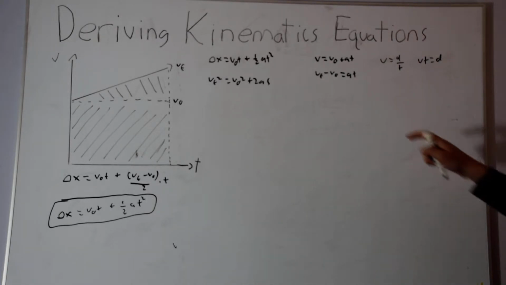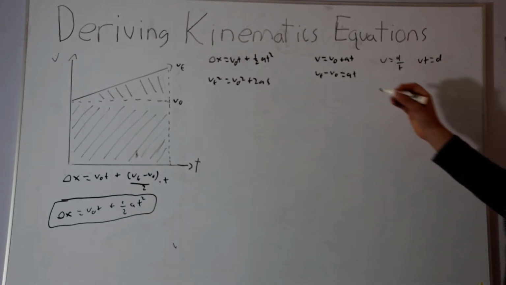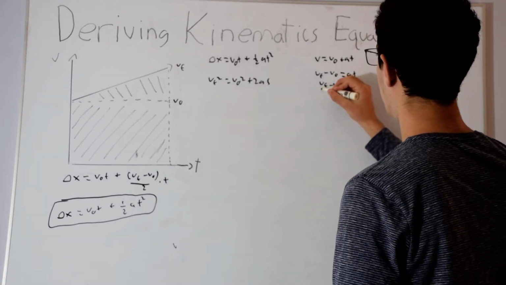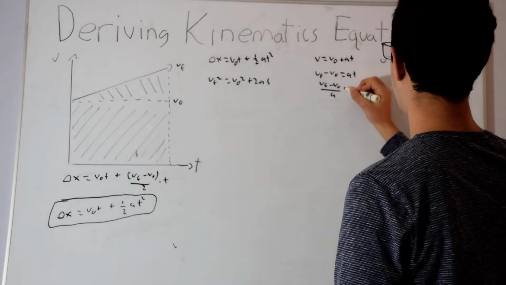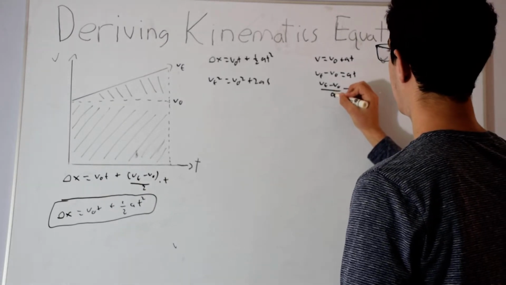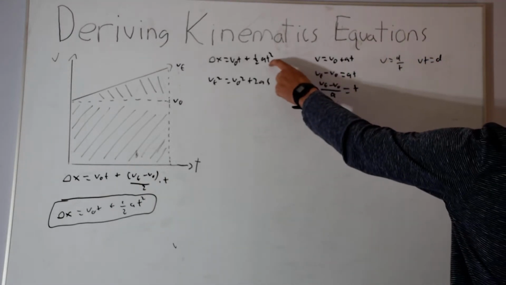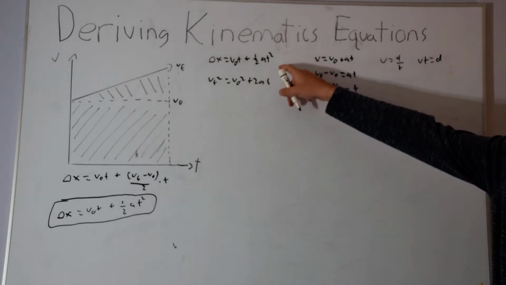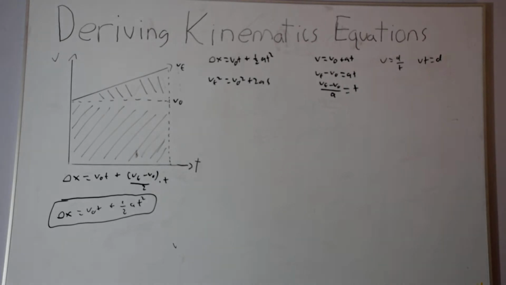So let's isolate for time in this equation. We can divide by acceleration and get v final minus v0, divided by a, equals time. And when we plug in time here, there's going to be no time in the final equation, because I'm replacing all these times with v final minus v0 over a. So let's plug it all in.